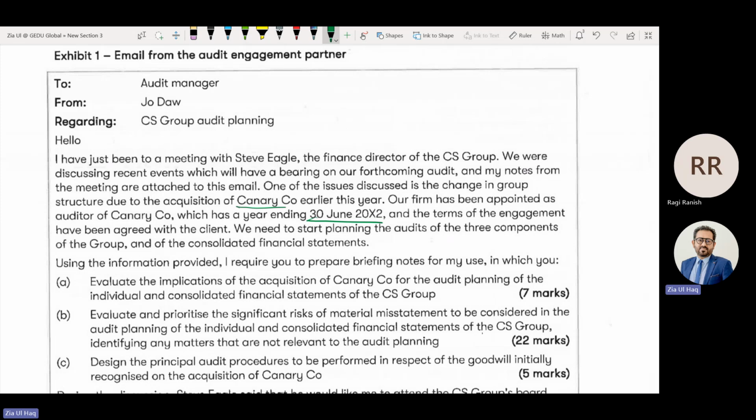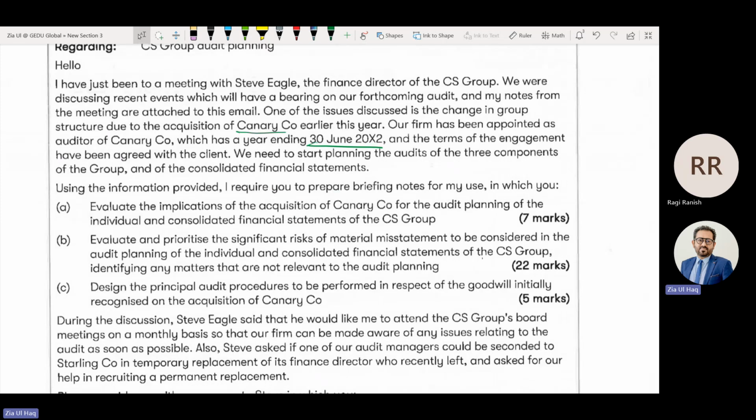There are three components. Using the information provided, I require you to prepare briefing notes for my use, in which part A is for 7 marks, part B for 22 marks, and part C for 5 marks. Altogether, 34 marks.